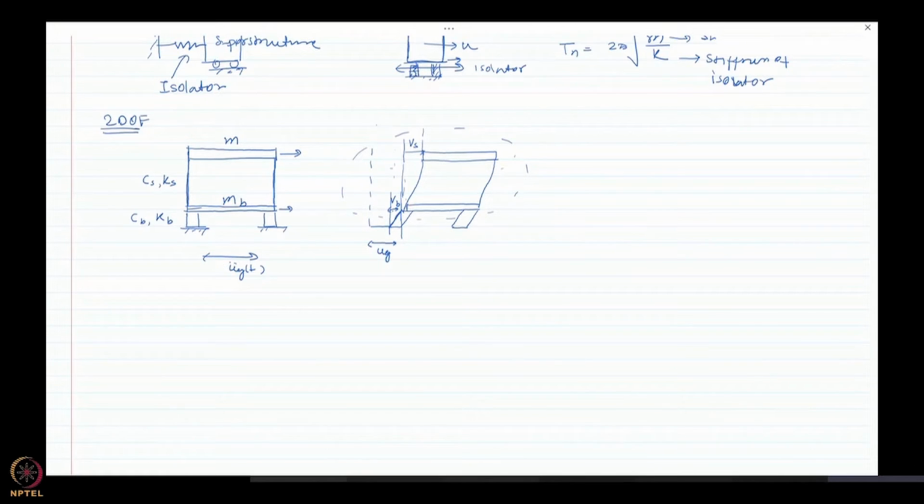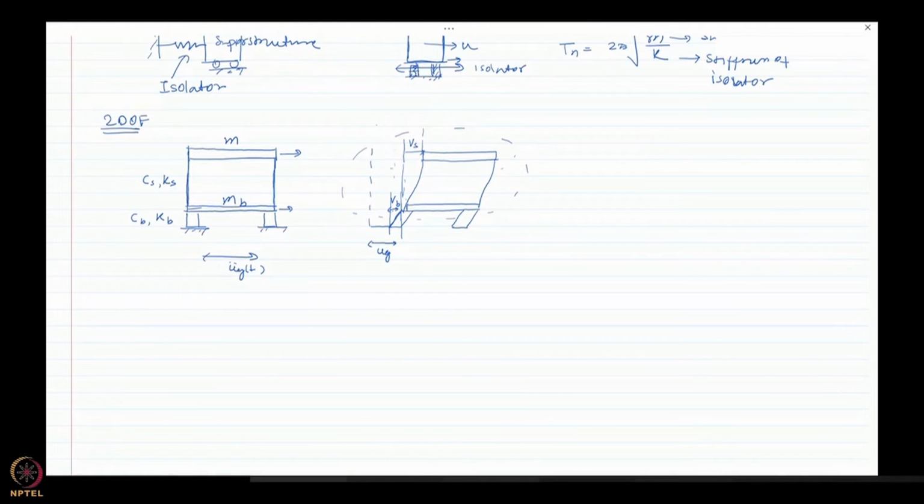But for this case, from the mathematical manipulation point of view, it is much easier for me if I first write down the equation of motion for the whole structure and then the top slab. But in the end, because there are 2 degrees of freedom, you would only get 2 independent equations, not more than 2. So it doesn't matter how you choose to write down the equation of motion, you would still get only 2 independent equations of motion.